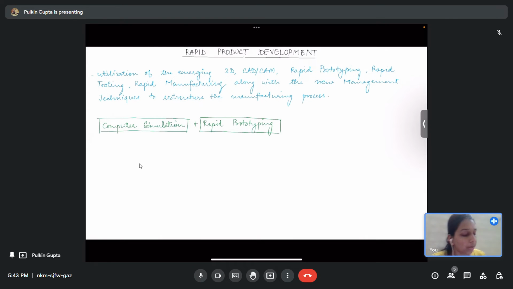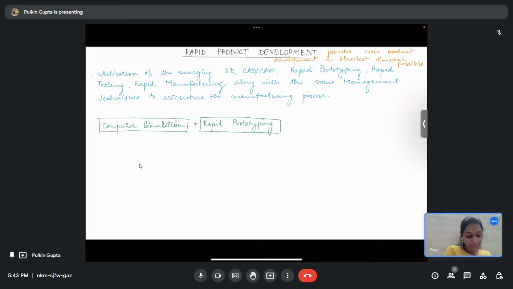So this rapid product development, basically it is a manufacture culture which promotes new product development from design to manufacture in the shortest time scale possible with the use of computers basically.